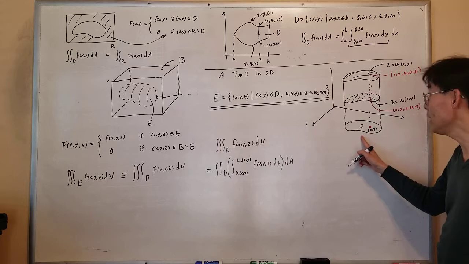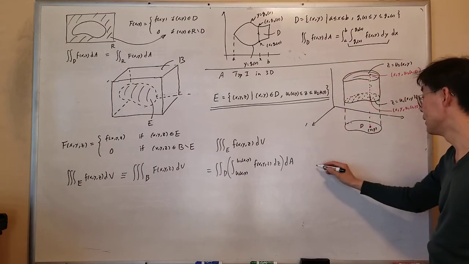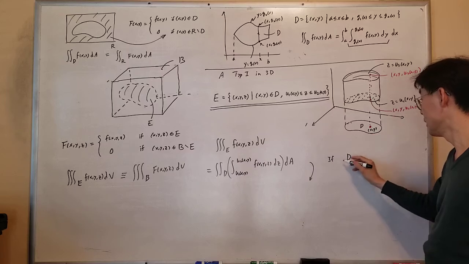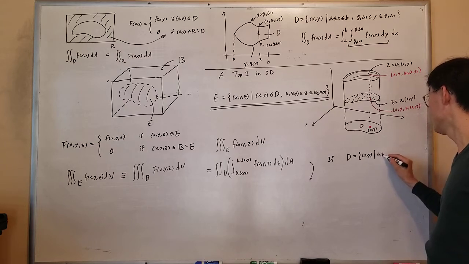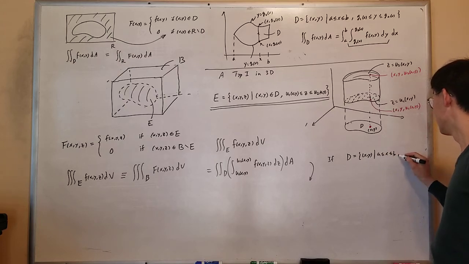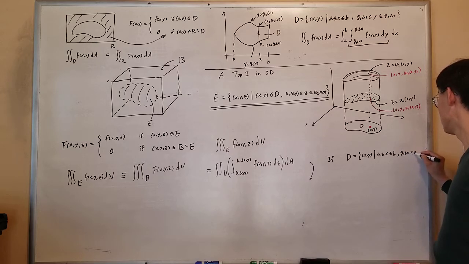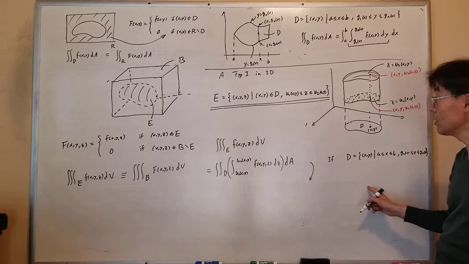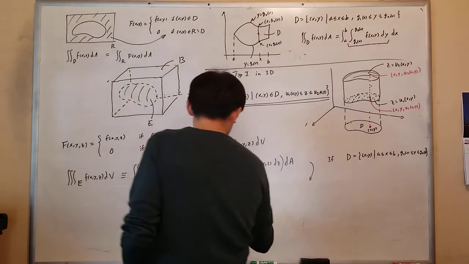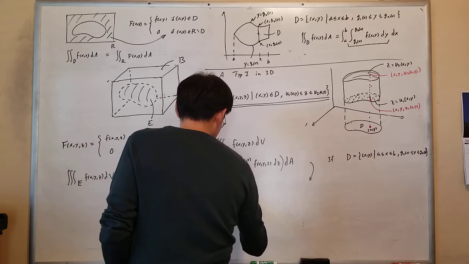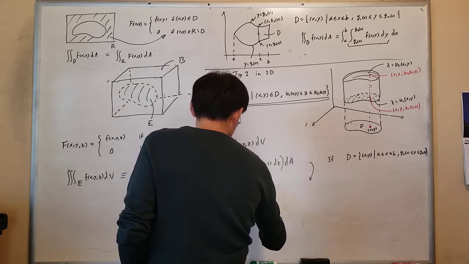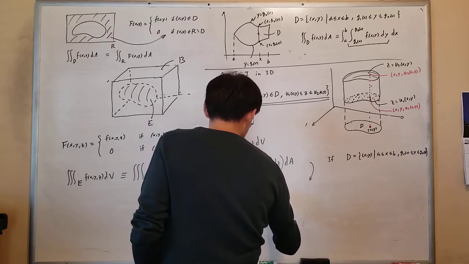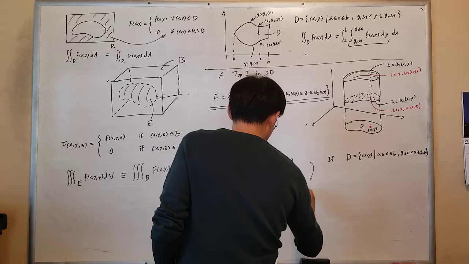And then, if D, now you have to do this thing. If your D is from a to b, and g1 of x to g2 of x, just like that, then that double integral can be written as the integral from a to b, g1 of x to g2 of x, and then this is dy dx.